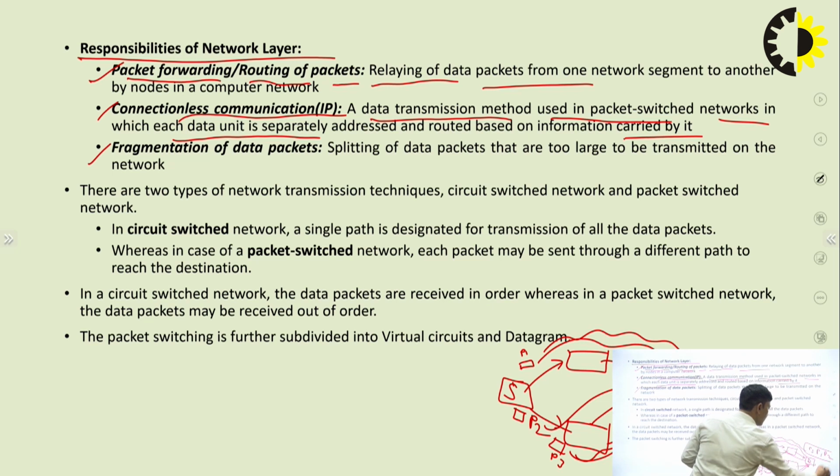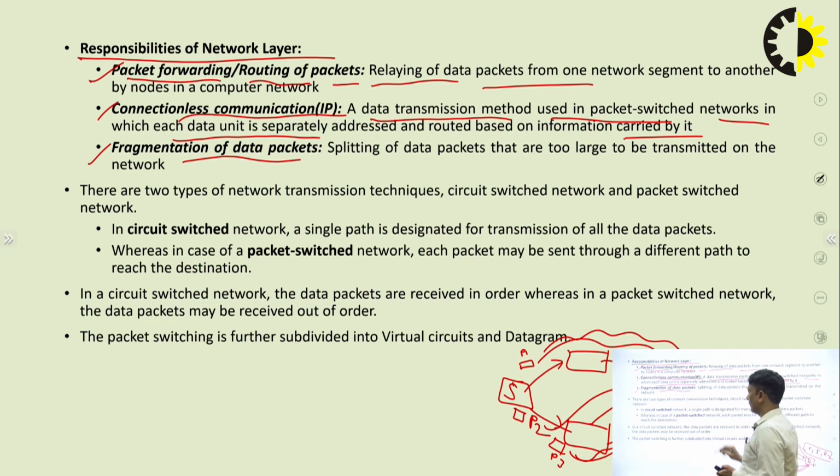This may be the case because each packet follows a different path, so each packet has a different delay from source to destination. Different paths have different delays. So this is the connectionless layer where packets may be received out of order, out of sequence.